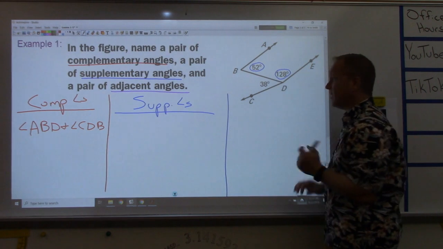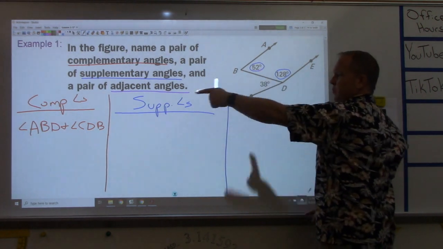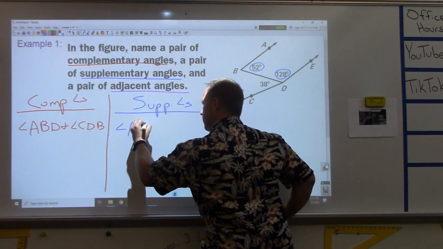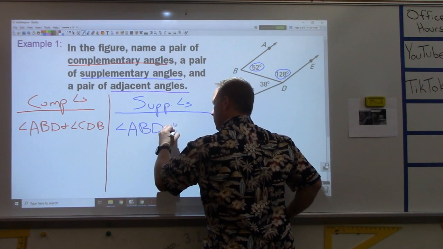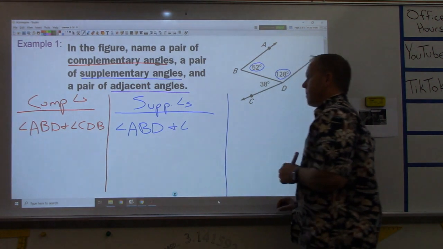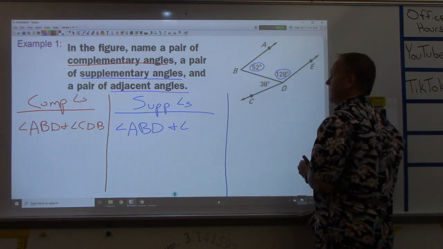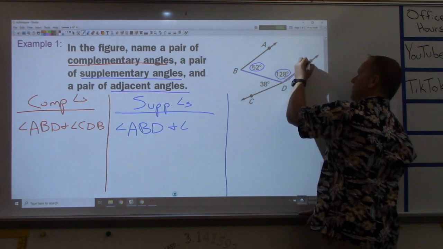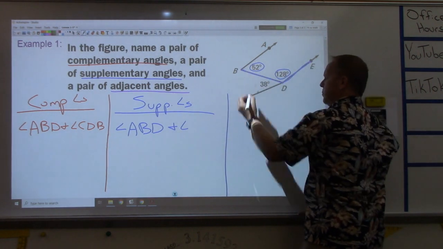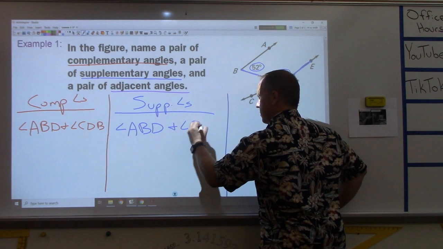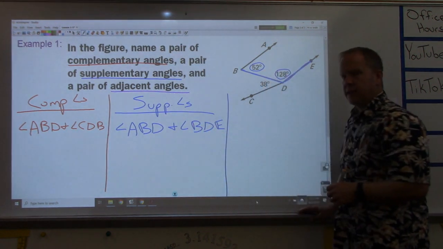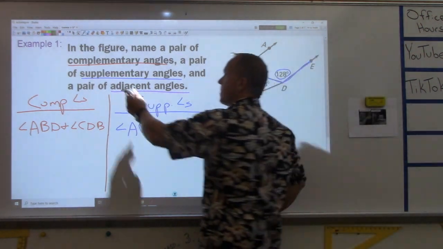Now, the nice part about this, I already know the name for this 52 degrees because we named it in the complementary. That's angle ABD. Angle ABD is supplementary to angle BDE. Okay? That takes care of my supplementary angles.